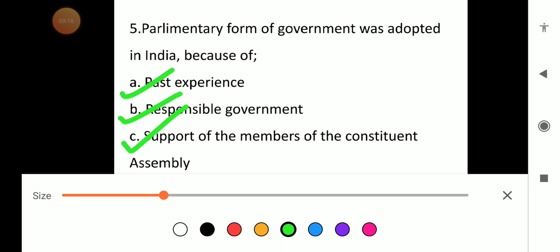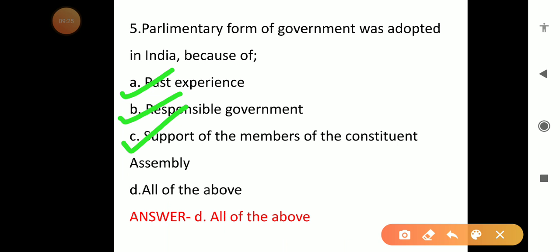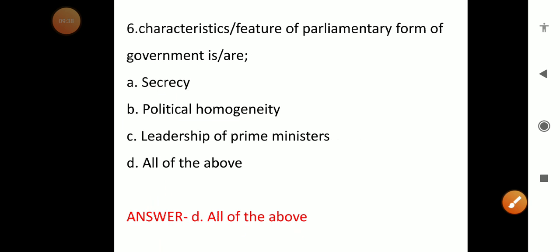They also supported this. So parliamentary government was adopted because of these 3 reasons. Let's check the fourth one, all of the above. So our answer is all of the above, because all applies to this question. Let's move to the next question.